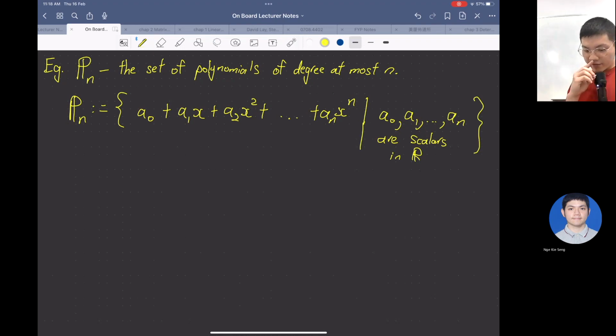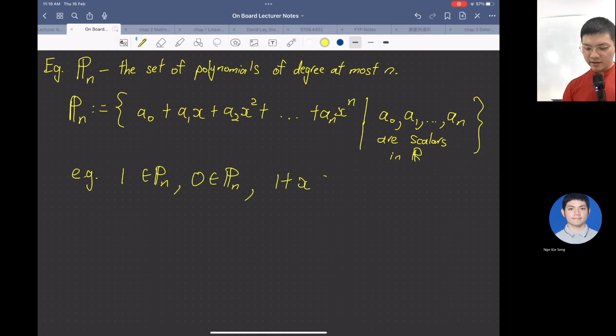For example, 1 is in Pn, 0 is in Pn, 1 plus x is in Pn, and 1 plus x^n is in Pn.